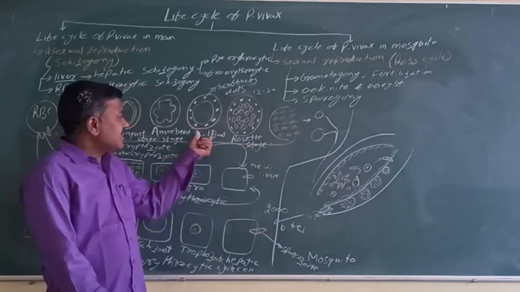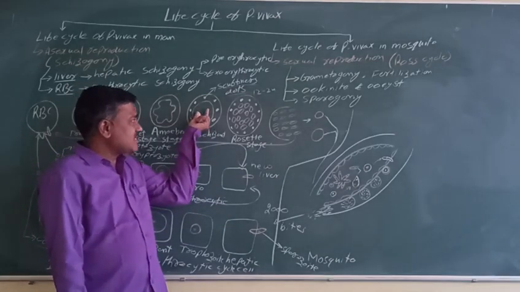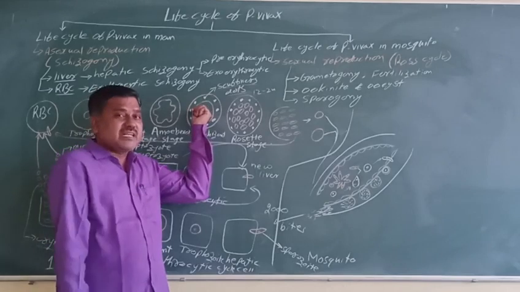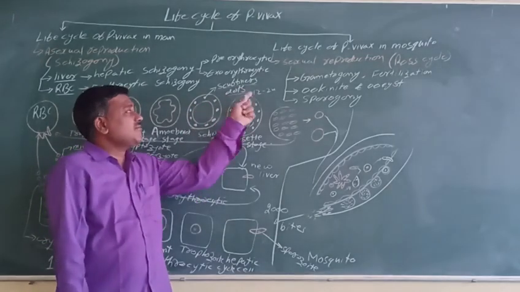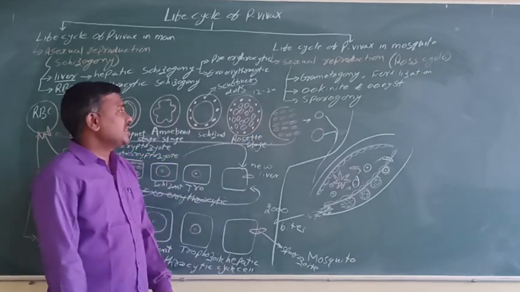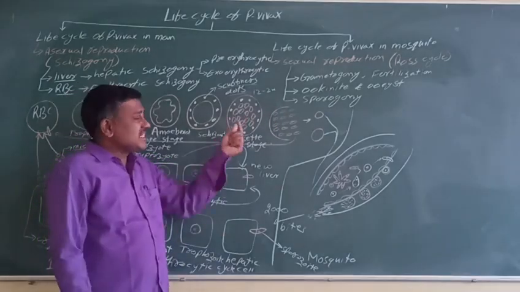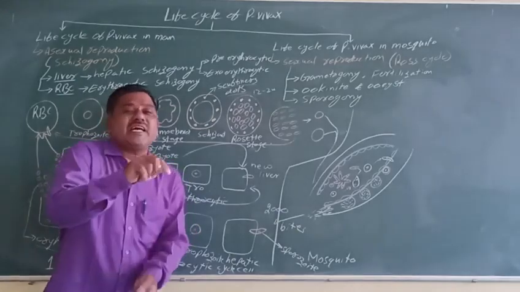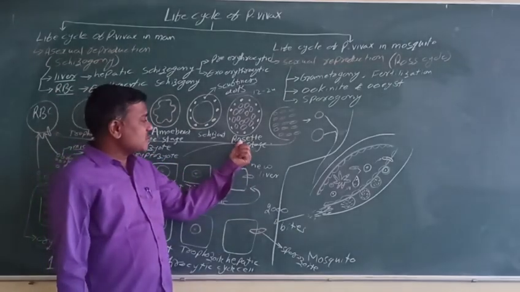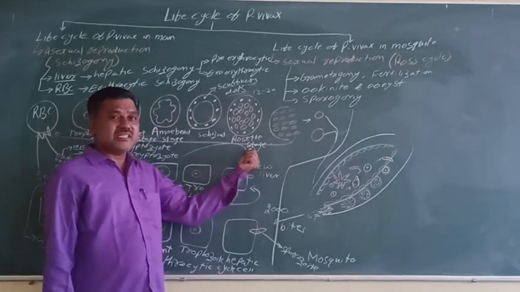What happened? When the schizont stage occurs, it goes for multiplication, it goes for division. So from a single cell there is formation of 12 to 24 cells, and these cells are arranged like petals in a rose. That's why it is called the rosette stage.